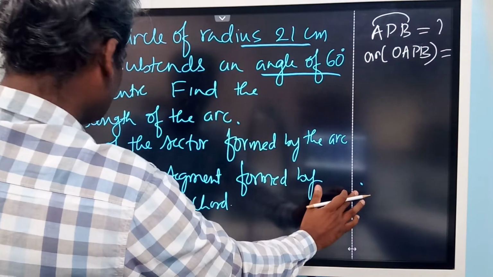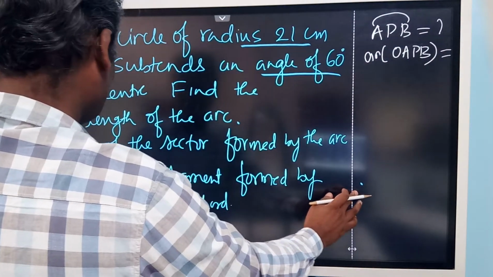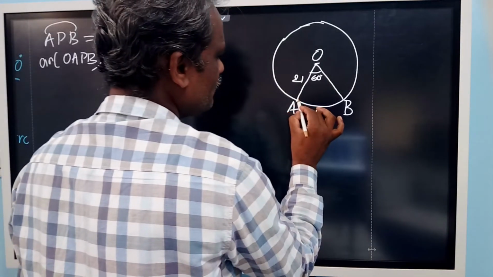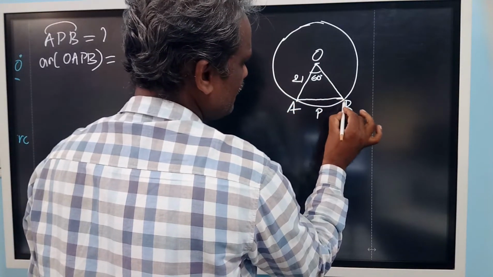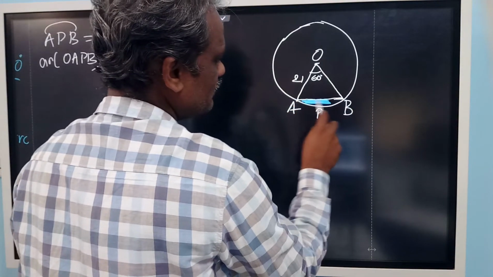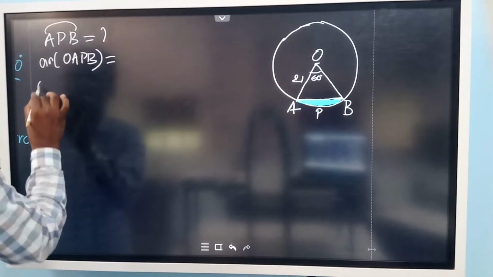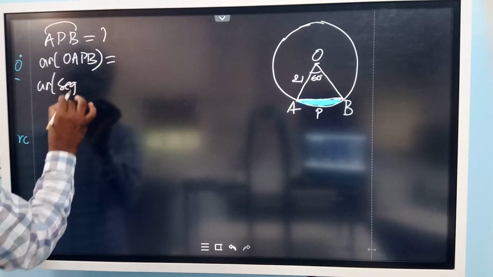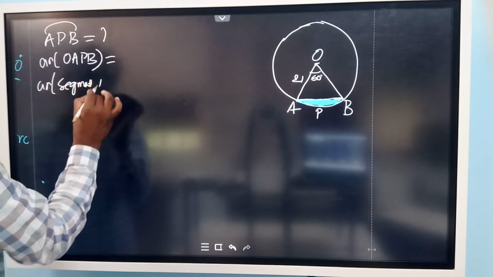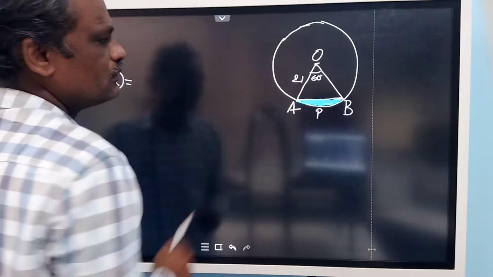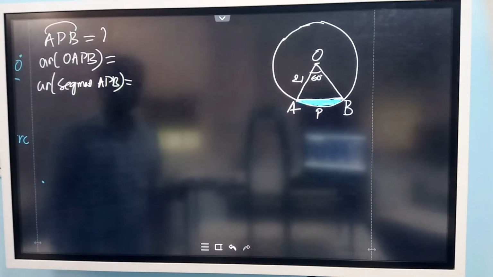Then the last question, area of the segment formed by the corresponding chord. So segment means you join this one, so you will get this area. Segment area you have to find out. So area of segment APB, this area.